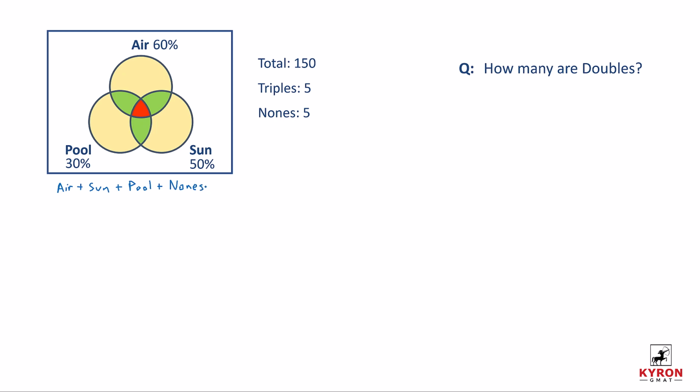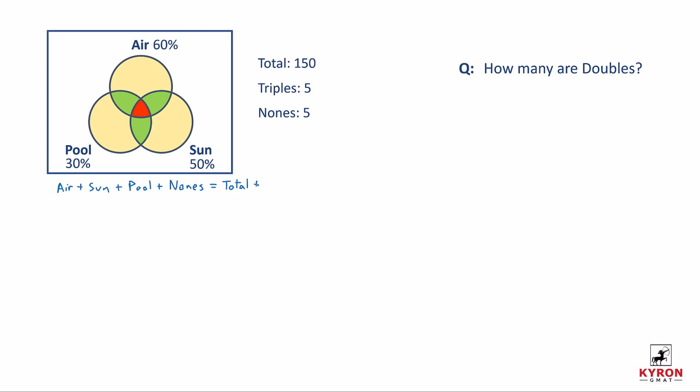Now, adding all of that up includes every single house in the development, so you might think it just equals the total. However, the problem with that is that some houses, the ones that are red and green on the diagram, get counted 2 or even 3 times when you add up air, sun, and pool. We'll have to make an adjustment to the right side to take account of that.